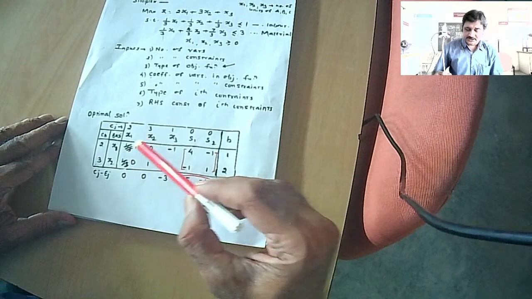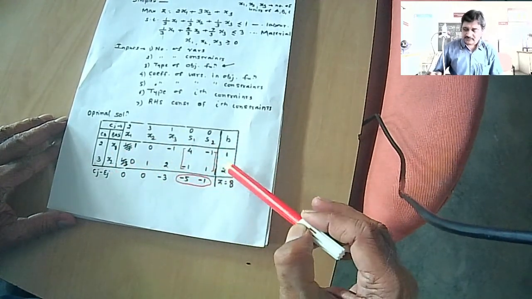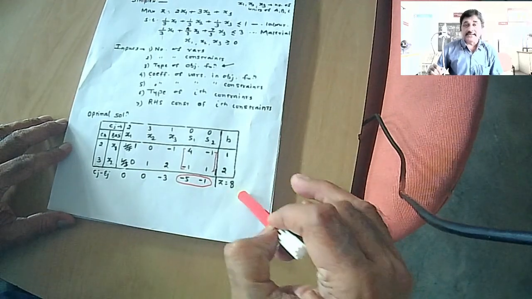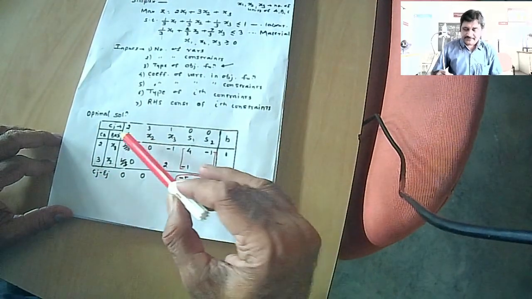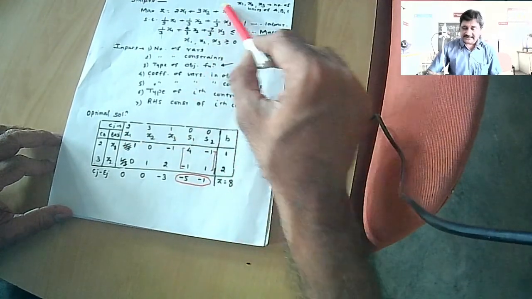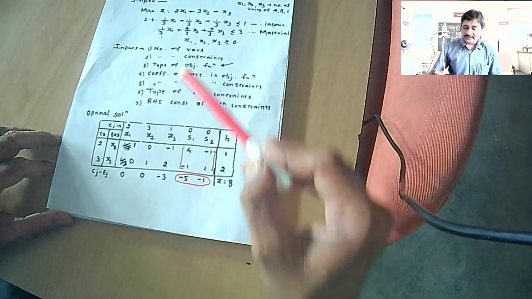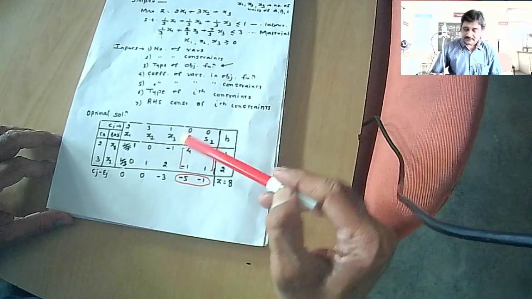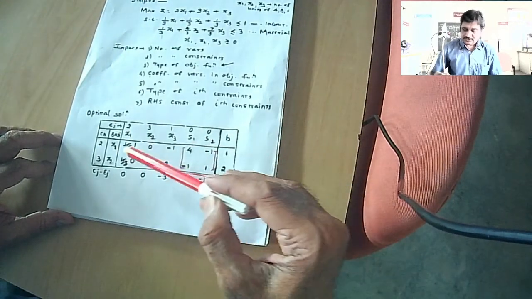What is the solution? x1 is equal to 1, x2 is equal to 2, and z is equal to 8 is the solution to this problem. And this is the optimal table wherein you have x1, x2, x3 as the variables of this problem. S1 and S2 are the slack variables. Their coefficients in the objective function are written 2, 3, 1, 0, 0.